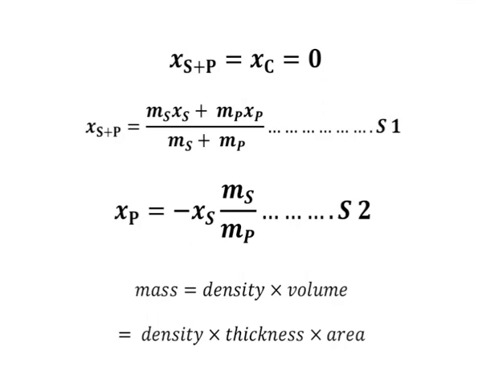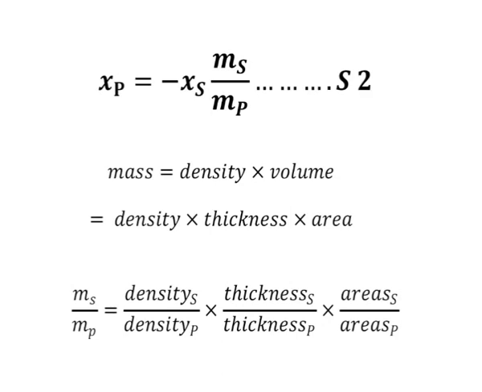We can relate these masses to the face areas of S and P by noting that mass is equal to density into volume, and is again equal to density into thickness into area.